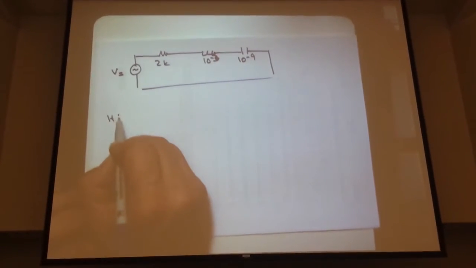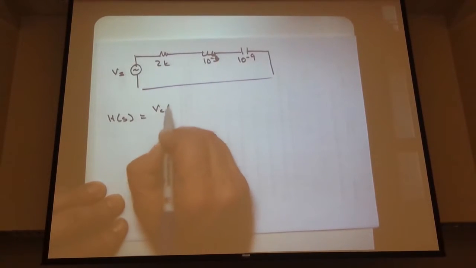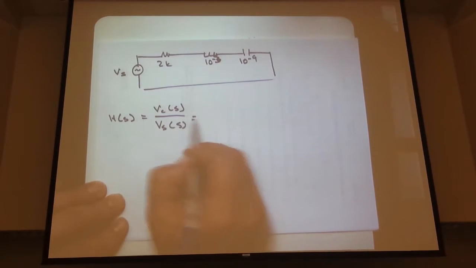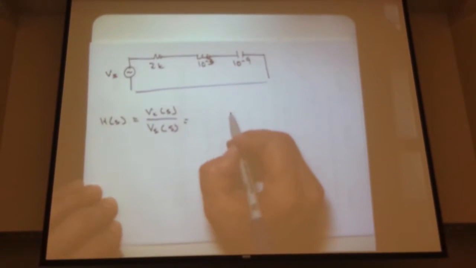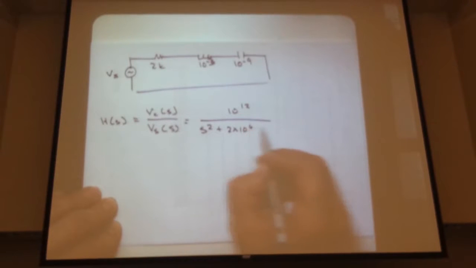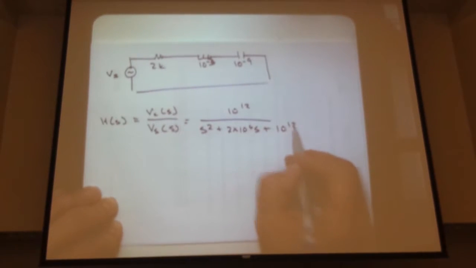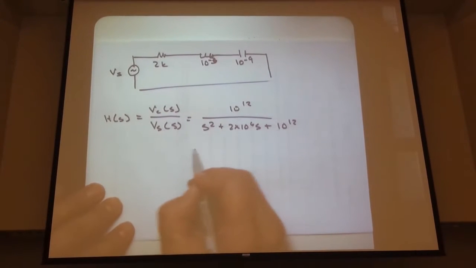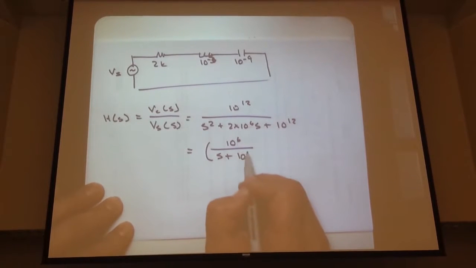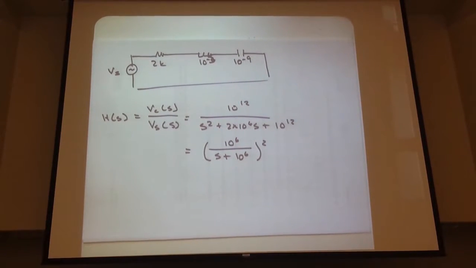And we can again plug in H of S equals VC of S over the source of S. Plug in some numbers. We wind up with 10 to the 12 over S squared plus 3 times 10 to the 6 S plus 10 to the 12. And hopefully we all agree that's 10 to the 6 S plus 10 to the 6 quantity squared. So now we have a double pole at 10 to the 6.